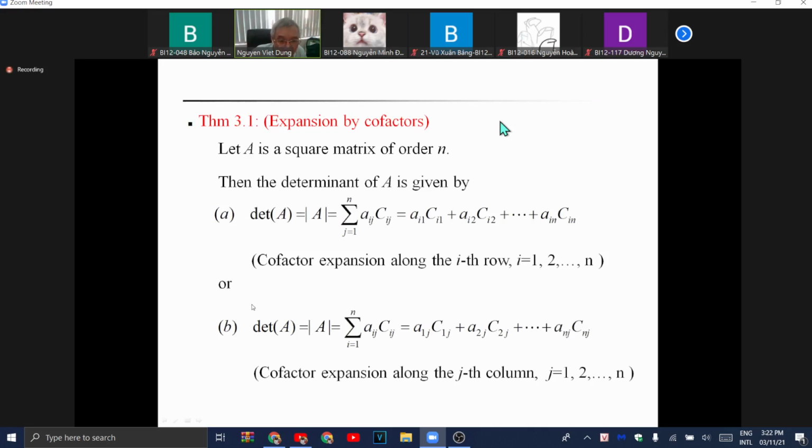Similarly, we have another formula we call cofactor expansion along the j-th column with any j from 1 to n. It is here. And again, you can see that in the formula here, the index j is fixed. Only the index i runs from 1 to n. That is the reason why we call it the expansion along the j-th column.